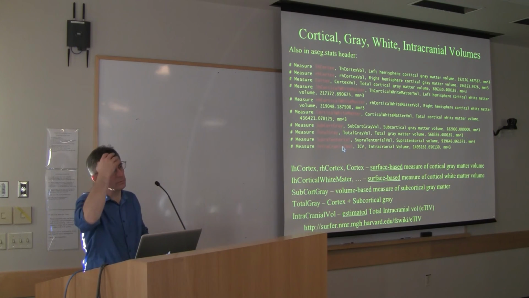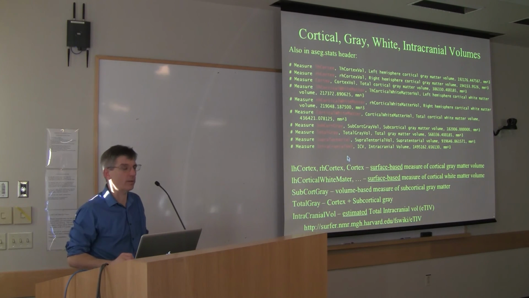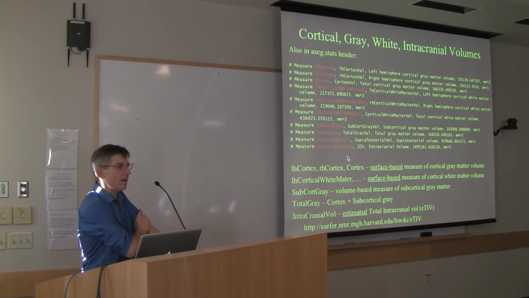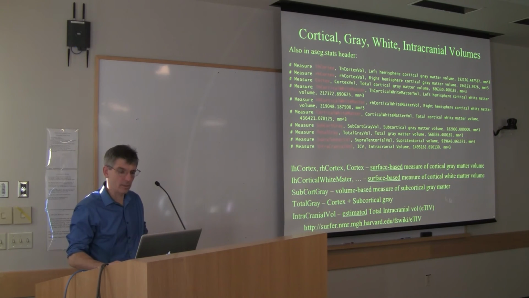So all of these global measures are stuck in this table as well. And probably the one that you're most interested in is going to be the intracranial volume, because that is an estimate of the total intracranial volume. And I think I have another slide on that later on.